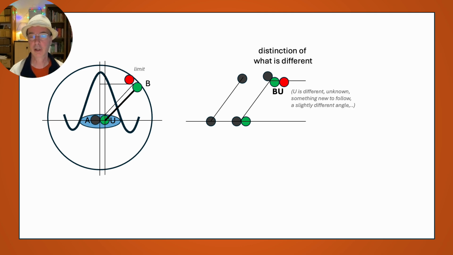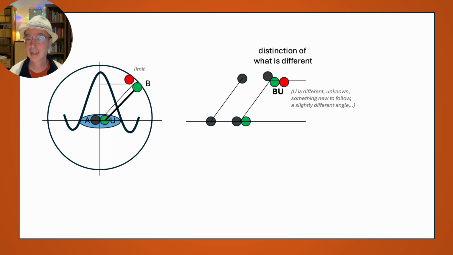But here it starts with B. So I start with opening the range of my limits, which I will have to use as a distinction to see what is different, because it's not from my center, so I have to look at something which is different, and this U will also be different because it's not my starting point, it's a different starting point.